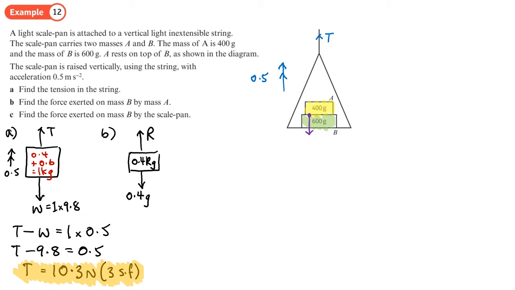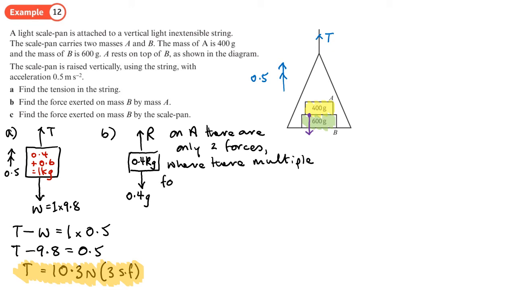So on A, there are only two forces, where there are multiple forces on B. It makes it a bit too complicated to work out.